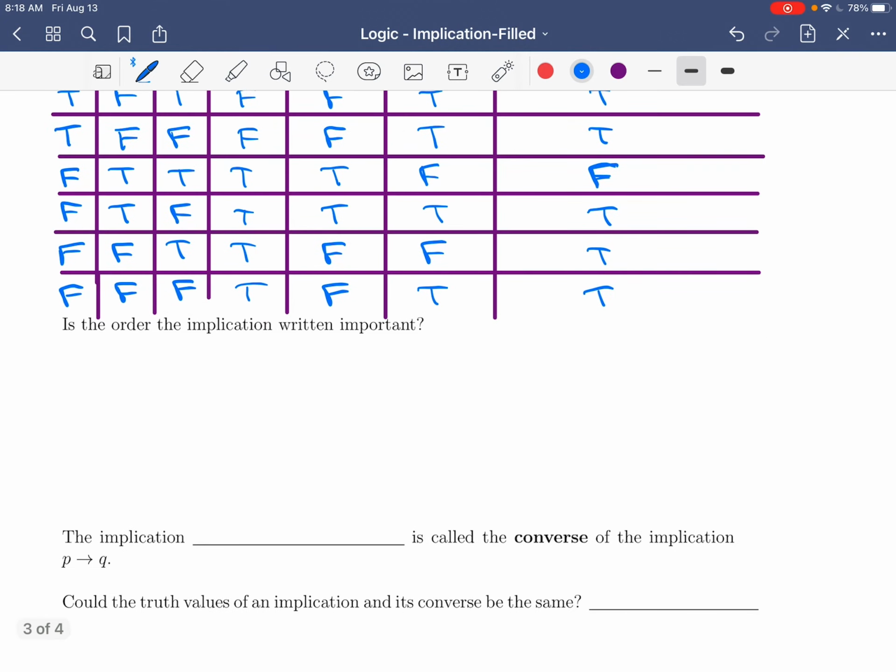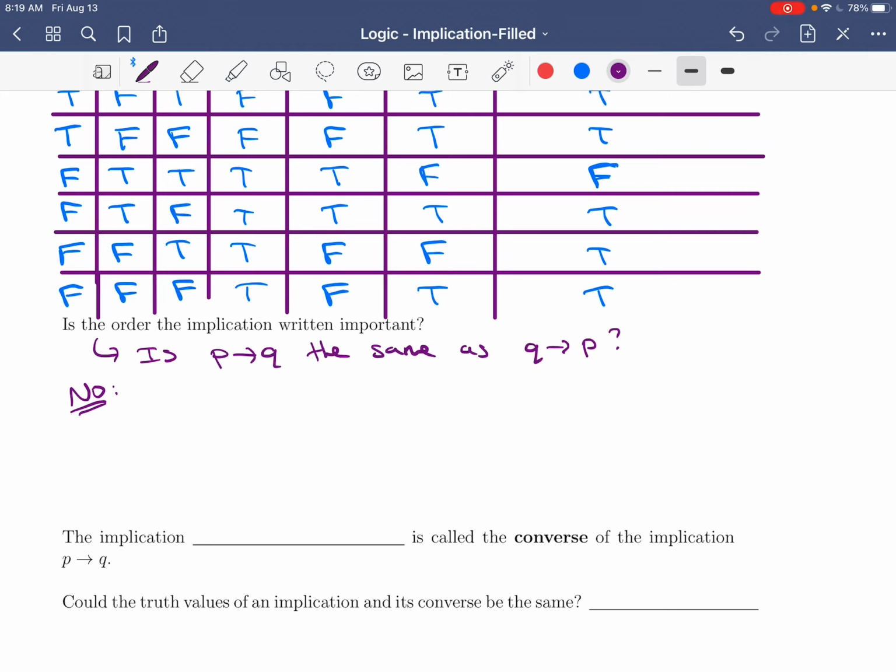Okay, now is the order that they're written important? So essentially, is P arrow Q the same as Q arrow P? Well, the answer is no, because the premise is very important.